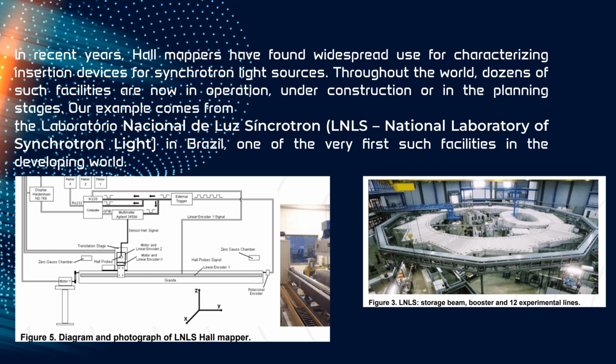Throughout the world, dozens of such facilities are now in operation, like the Laboratorio Nacional de Luz Sincrotron, LNLS, the National Laboratory of Synchrotron Light, in Brazil. You can see the figure of the setup of that LNLS laboratory in Brazil. That is one of the very first such facilities in the developing world.